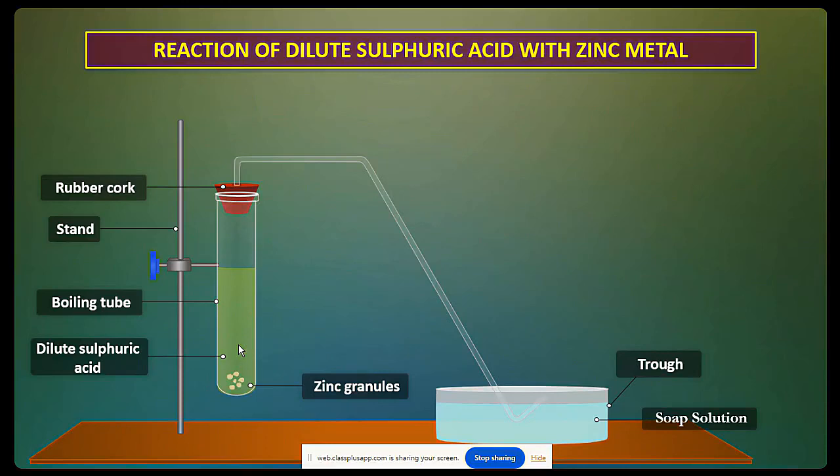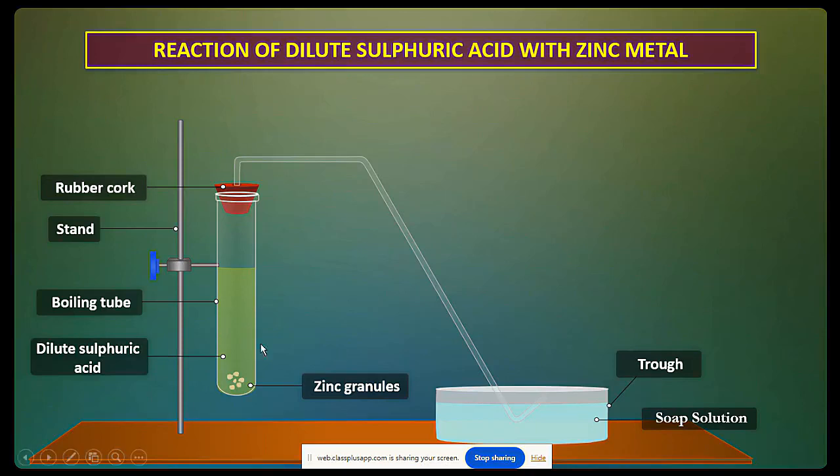So what happens, these two combine together, and there is a chance to displace ions from dilute H2SO4. Zinc reacts with H2SO4 and displaces hydrogen ions, and then it combines with sulfate, SO4, to form zinc sulfate.